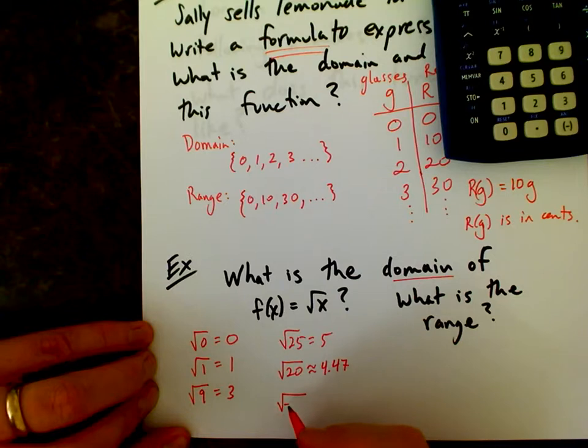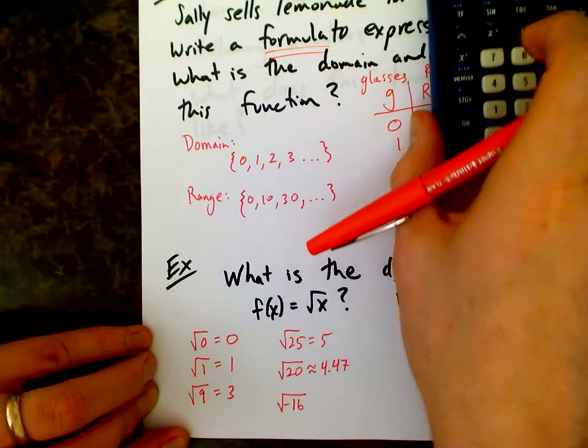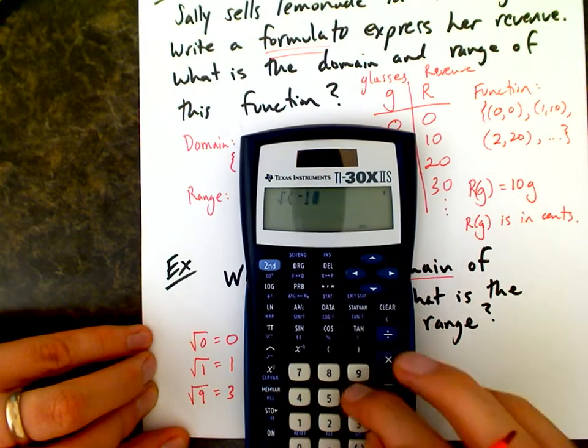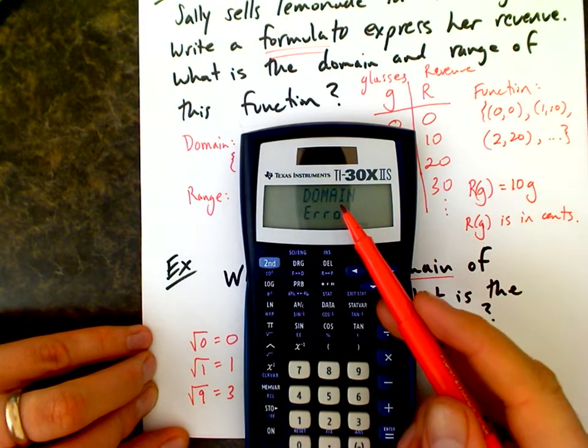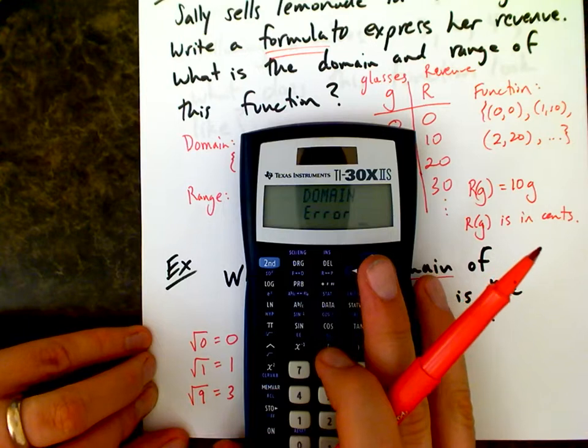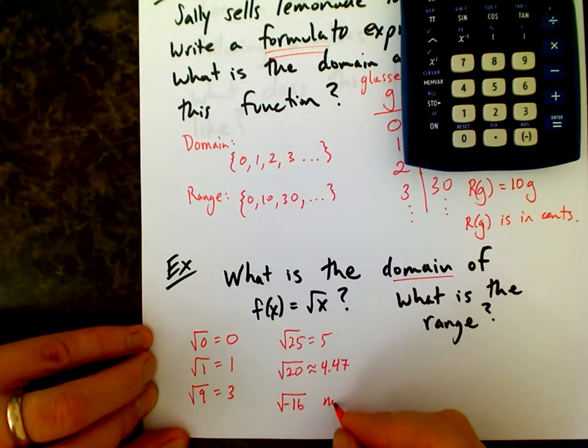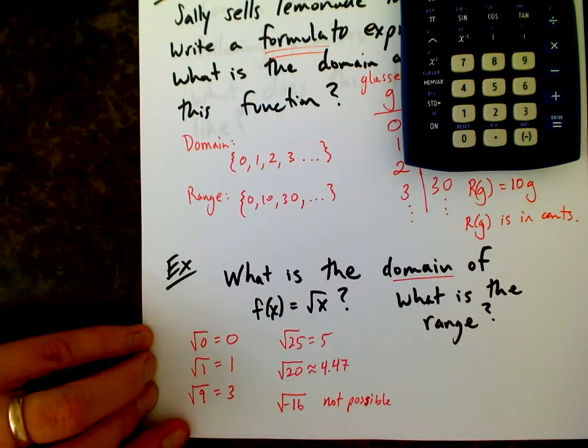But if I try to take the square root of a negative number, like the square root of negative 16, it says domain error on my calculator, and you may get similar error messages. This is not possible, not when we consider the real numbers.